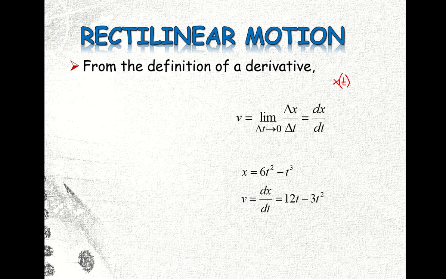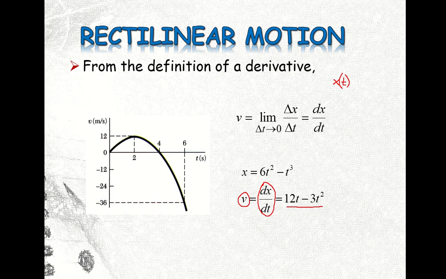Taking the derivative, applying the constant multiple rule and the power rule, the power goes down and is multiplied by 6 and t, so you have 12t minus, and the power rule applies again, 3t squared. So the velocity is 12t minus 3t squared. This is our v, which is equal to the derivative of the position with respect to time.